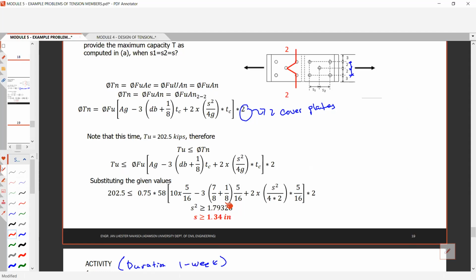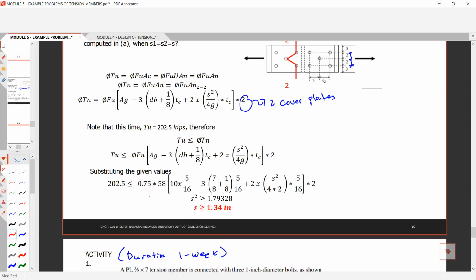I think it should be less than or equal to 1.34. Yes. So if we check, your S squared is... sorry, wait. This one. Okay, tama. Sorry, it should be greater than 1.34.